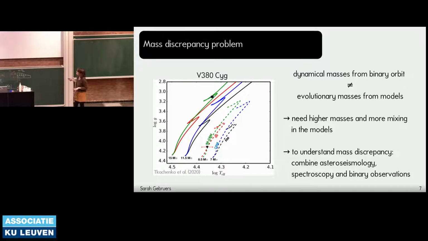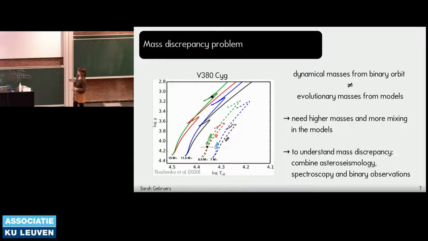You can see the black ones are the models computed for the dynamical masses that were found for these stars, and you see that they absolutely don't agree with the observations. A lot of extra mass, like the red tracks, is needed, and you also need a lot of interior near-core mixing to match the dynamical and evolutionary masses.